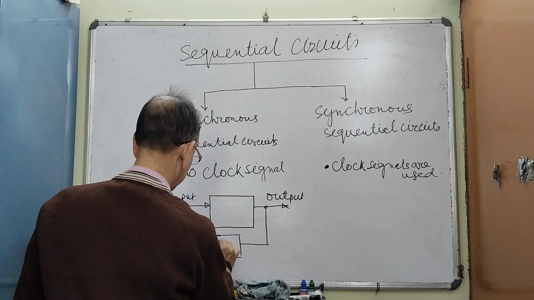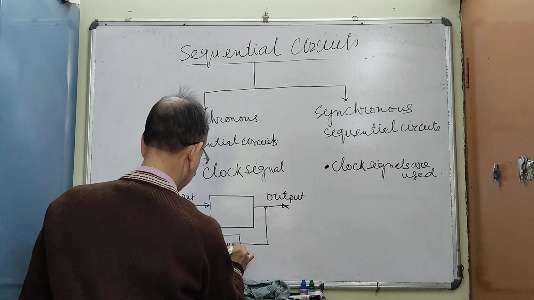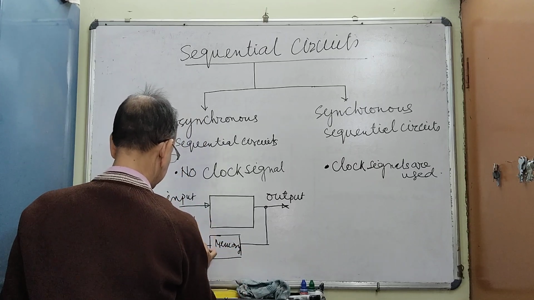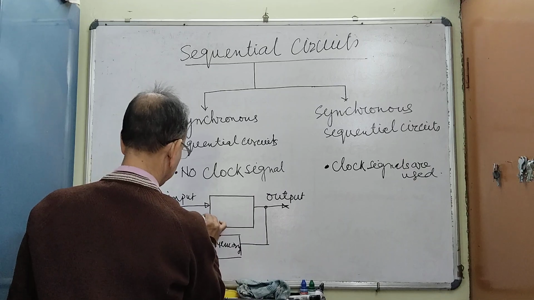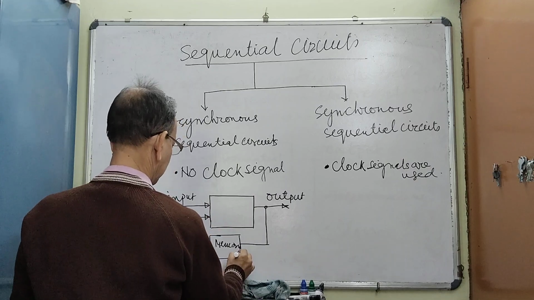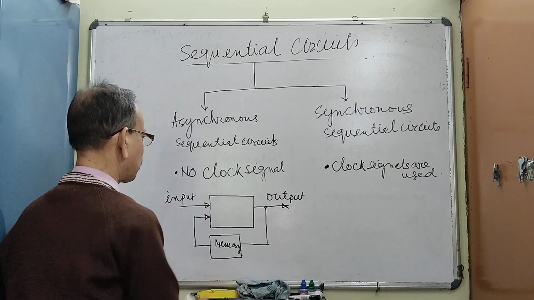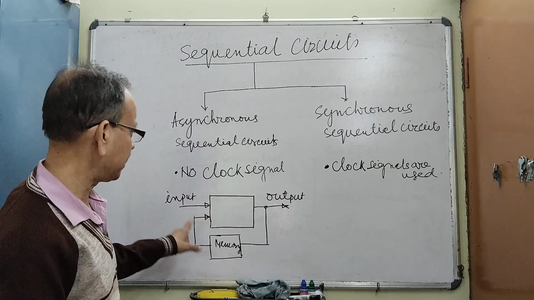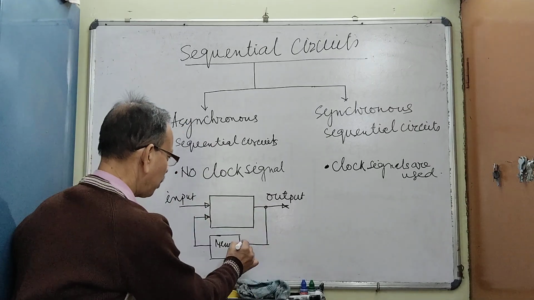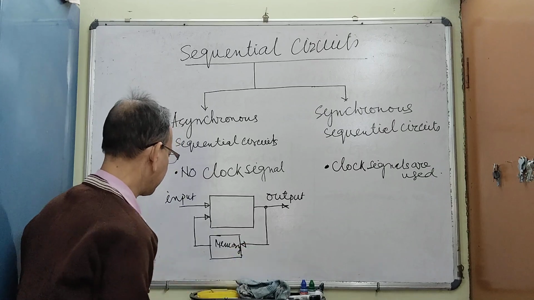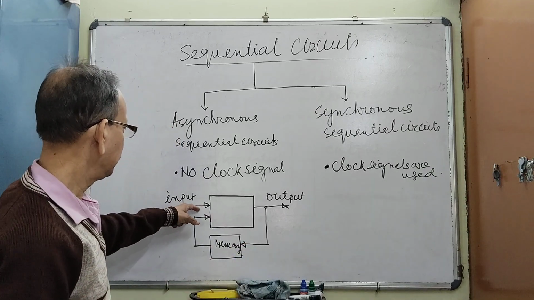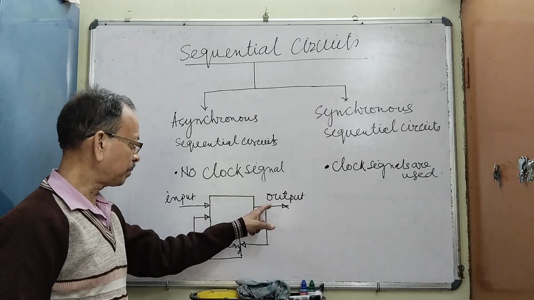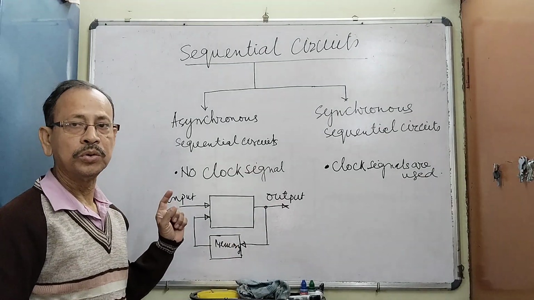This is the memory, and from this memory there is a feedback. So this is the combinational circuit, and the total is the asynchronous circuit. From the output there is a feedback, and then it is taken as input from the previous output.